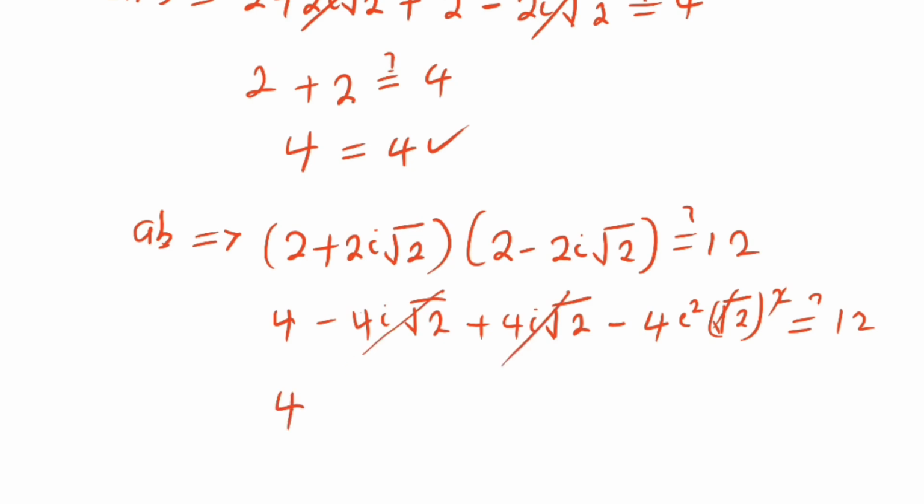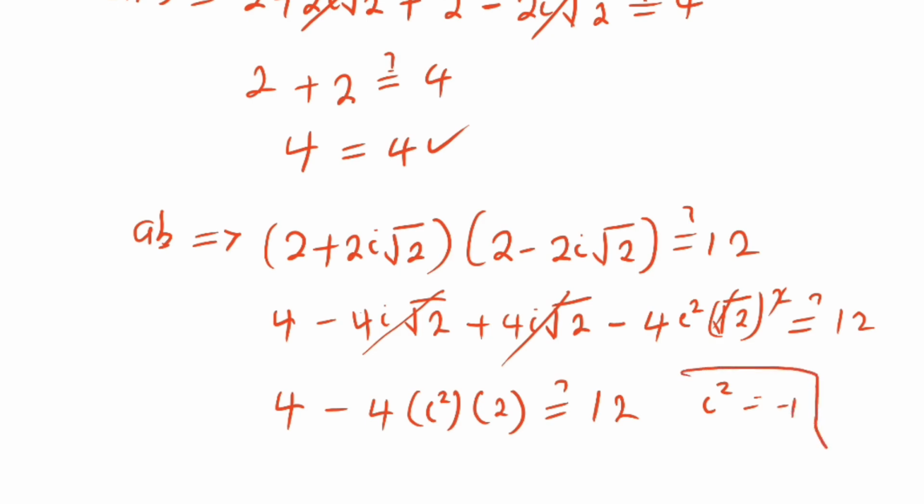This is 4 minus 4 bracket I square bracket 2 must be equal to 12. I square is equal to minus 1.